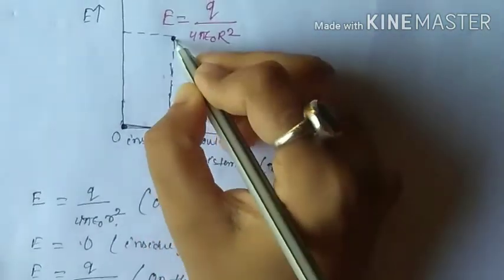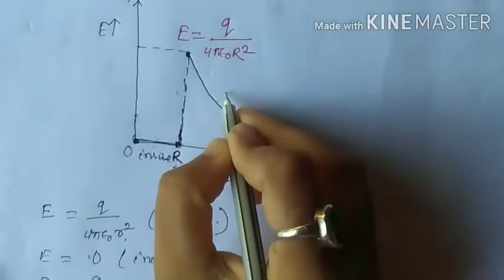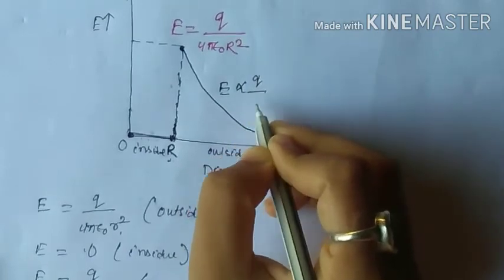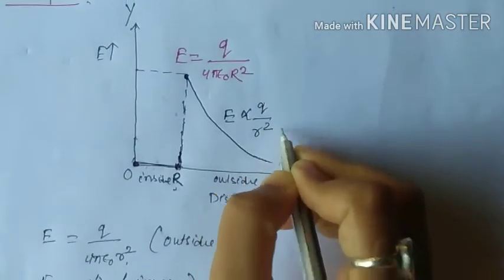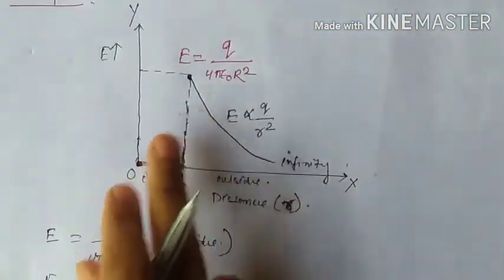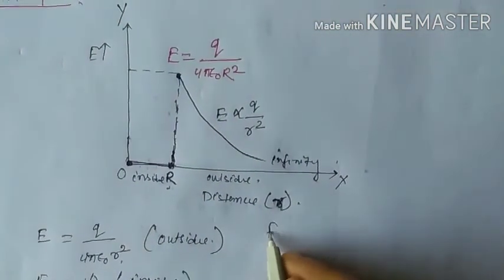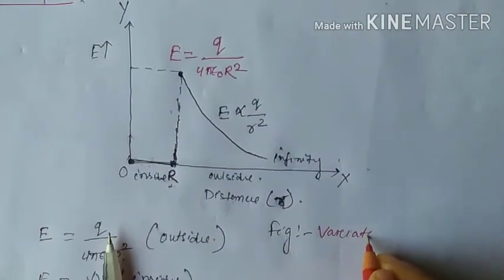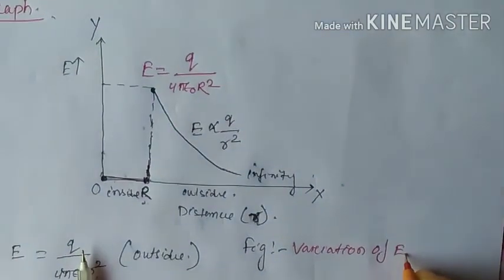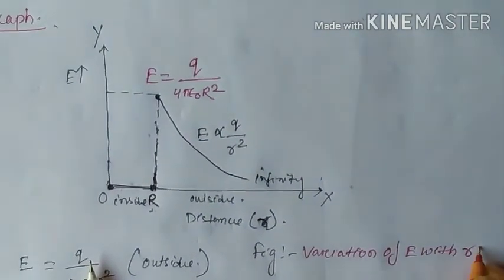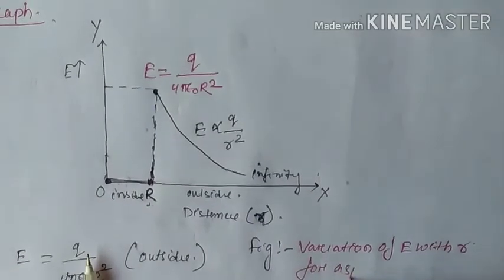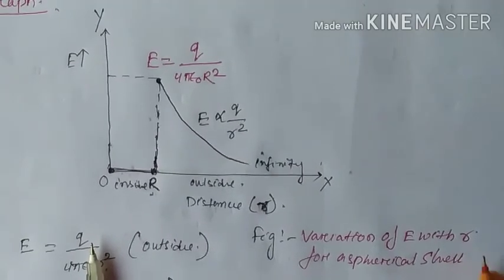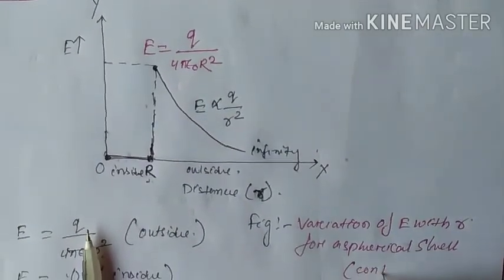So this part is showing the decreasing nature. So E is proportional to Q by R square. So this is the variation. This graph shows the total variation of E with R for a spherical cell. Which type? Conducting.